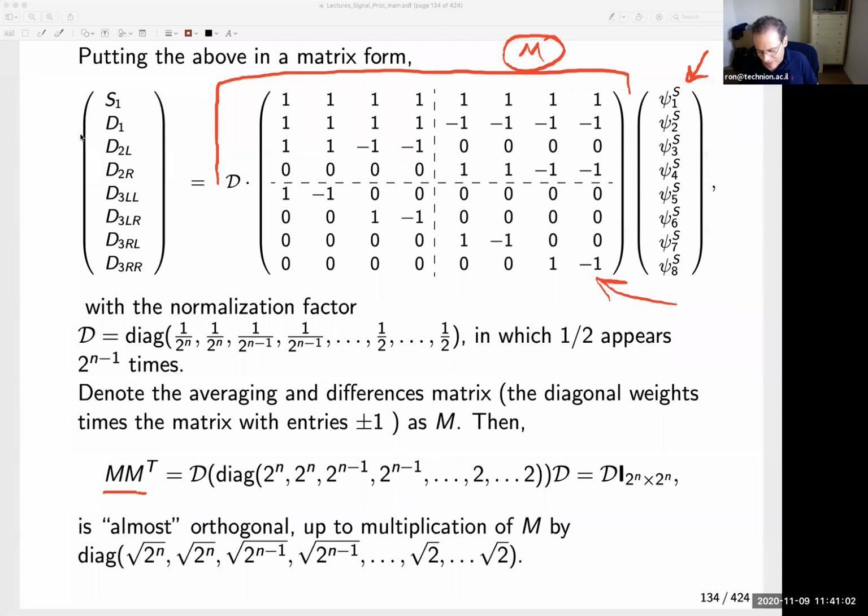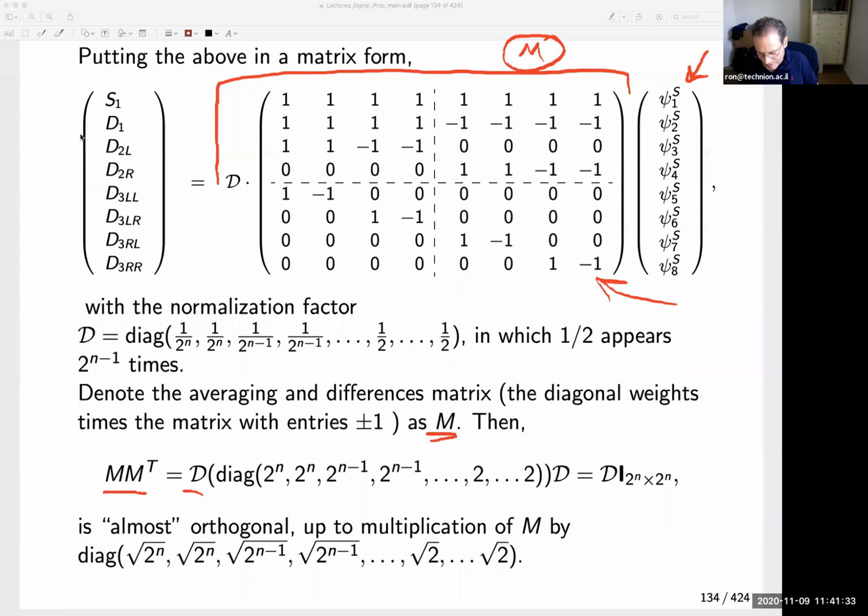So M times M transpose would be D, times, now I need to be careful here. These are the diagonal weights, and the diagonal weights times the matrix is defined as M. So this is capital M. And now I have to multiply M times M transpose.